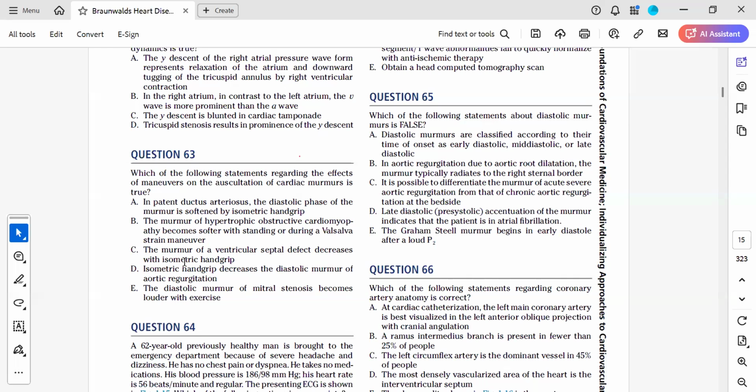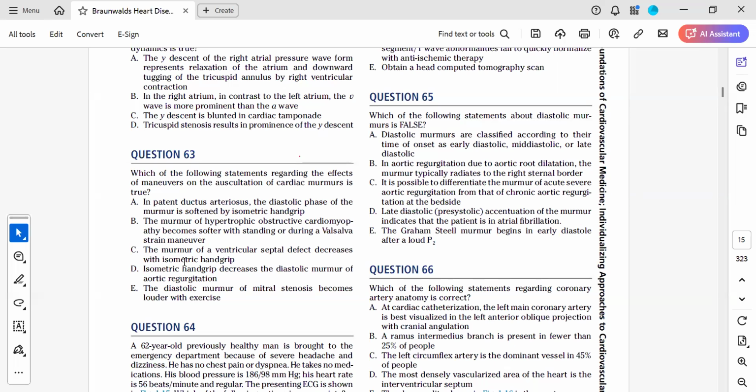At this point, the murmur might be shorter or softer. But in the absence of pulmonary hypertension, when this person is undergoing isometric handgrip, we expect the murmur to be louder, not softer.